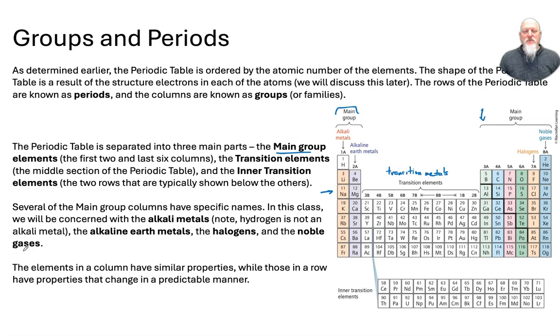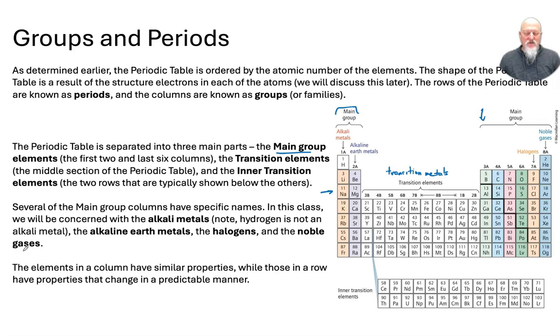So they have to be stored in things that don't allow water or air to get to them. Sodium, potassium, lithium, if you put them in water, they explode and they burn violently. So this first column, they're all very reactive. And we don't find those metals in the Earth's crust pure. Like we can find gold in the Earth's crust or silver in the Earth's crust pure. But sodium, potassium, rubidium, cesium, they're not found pure. They're always reacted with something.